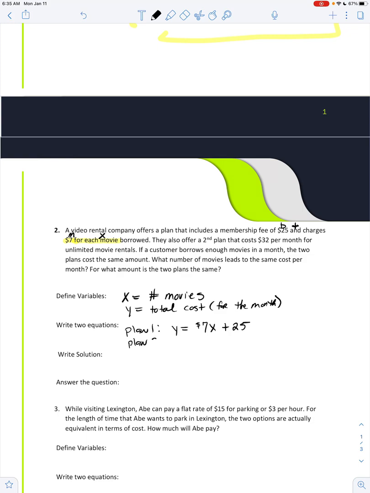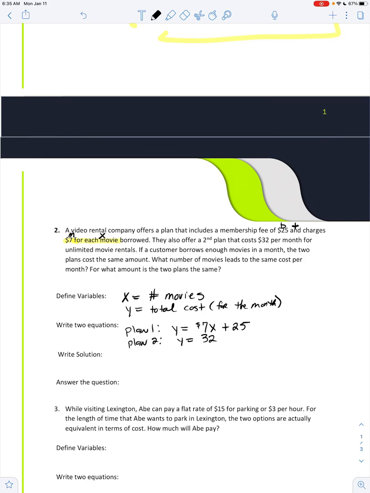So with plan 2, it says they also offer a second plan that costs $32 per month for unlimited movie rentals. So really, there's no charge per movie. It's just one flat fee. So we write y equals 32.